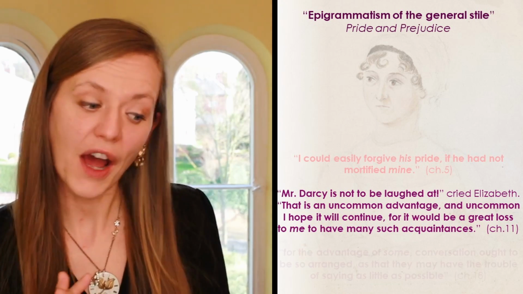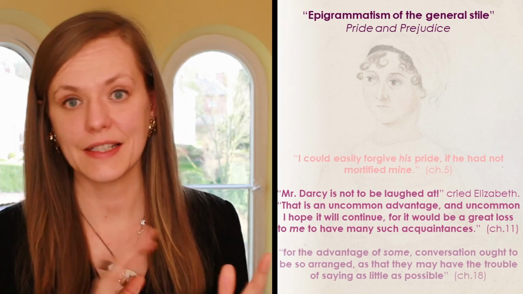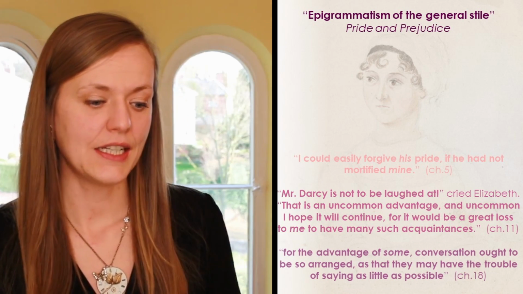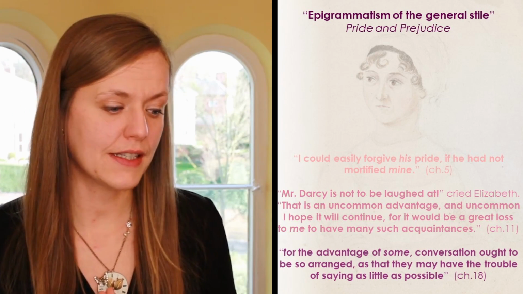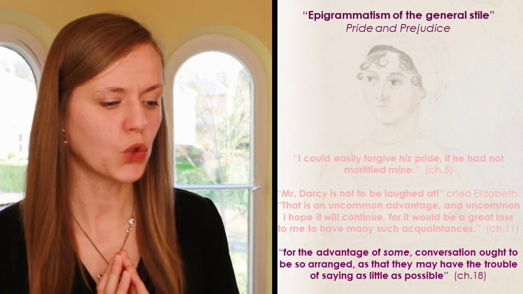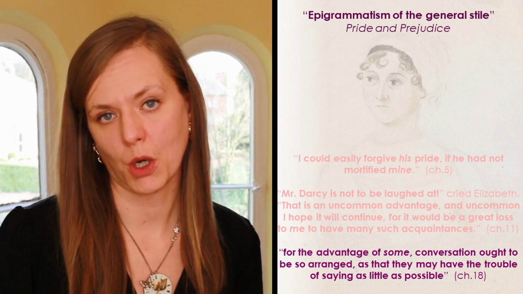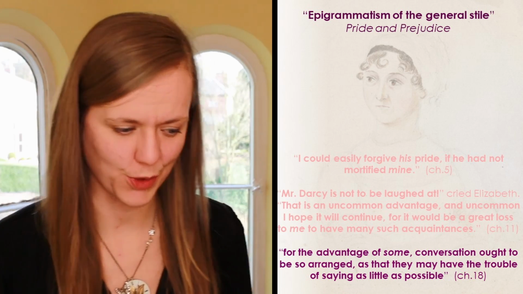So one more final example. To Mr. Darcy directly, as they are dancing together at the Netherfield Ball, Lizzie says pointedly, "For the advantage of some, conversation ought to be so arranged as that they may have the trouble of saying as little as possible."